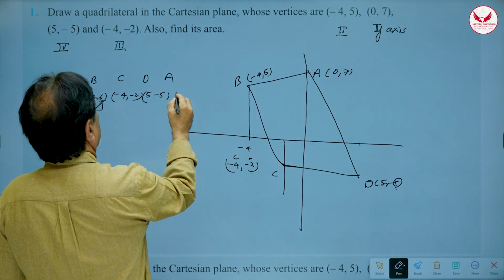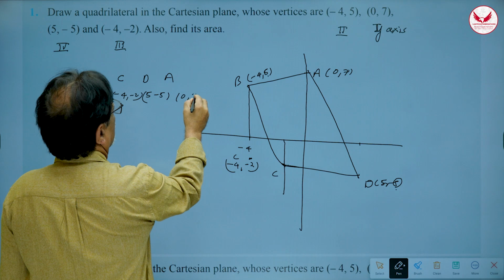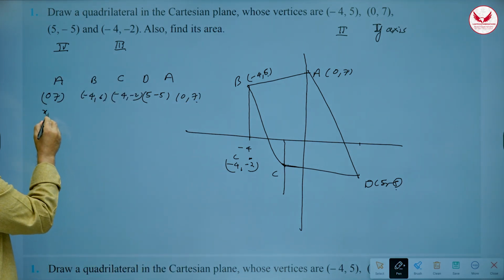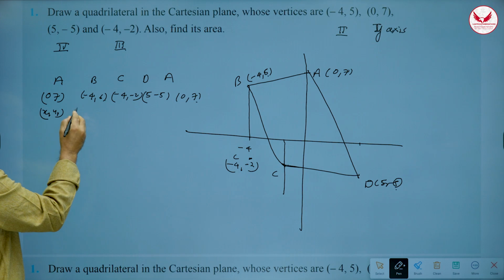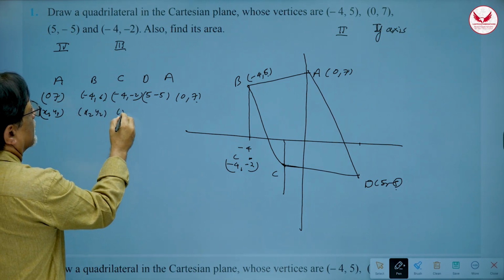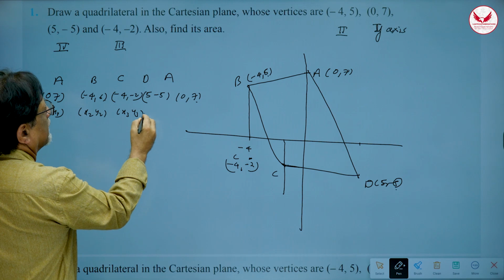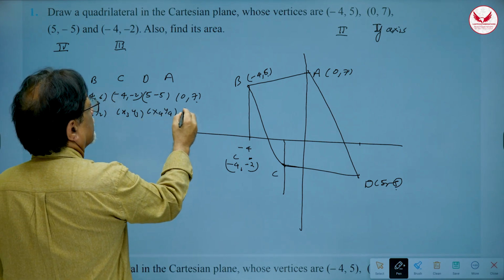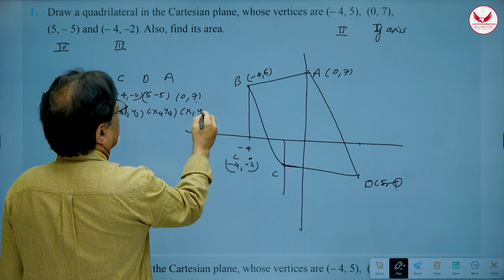And A is repeated, so it is (0, 7). Let us call it like this: this is x1, y1, this is x2, y2, this is x3, y3, this is x4, y4, and this is again x1, y1.